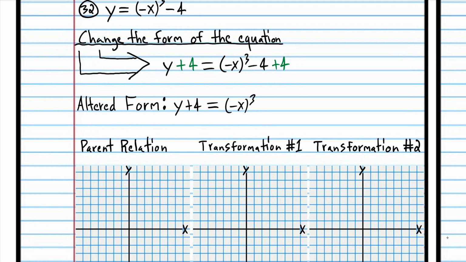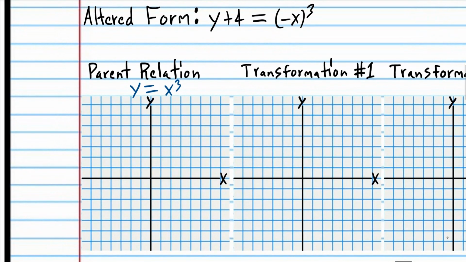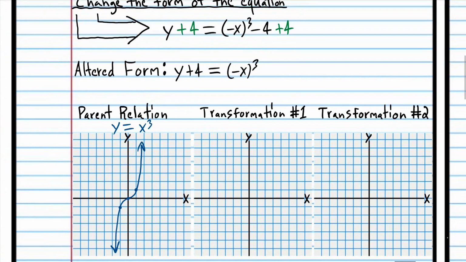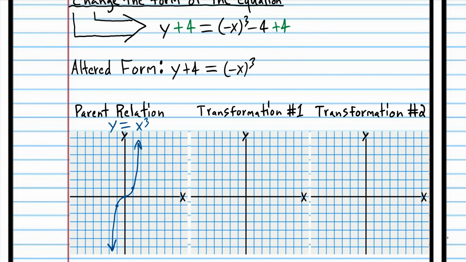And we see that we have the cubic parent relation, so let's go ahead and graph that just for our reference. Okay, and we can see that we're reflecting across the y-axis and we're moving the graph 4 units down.